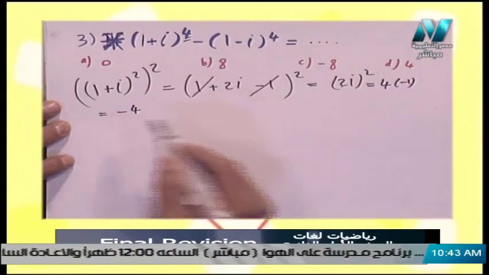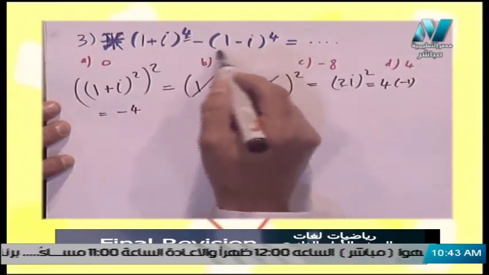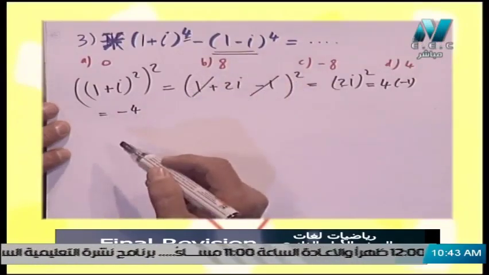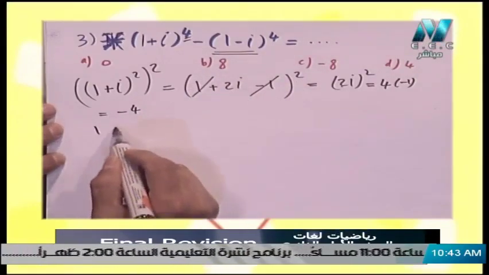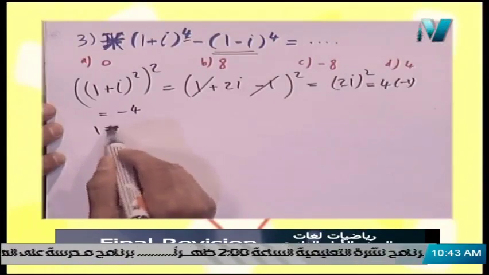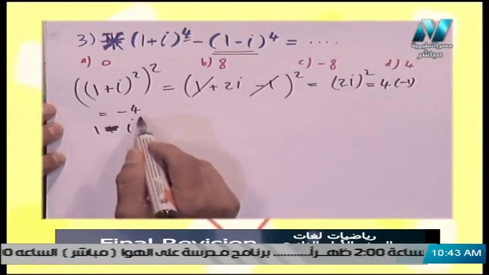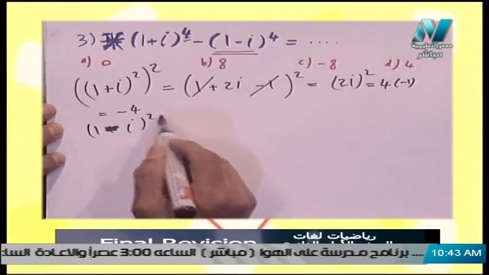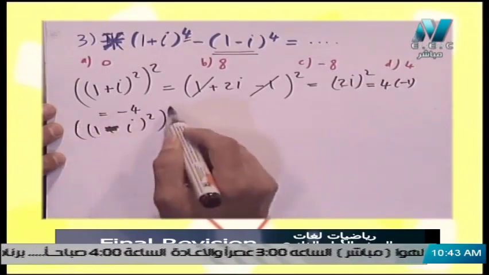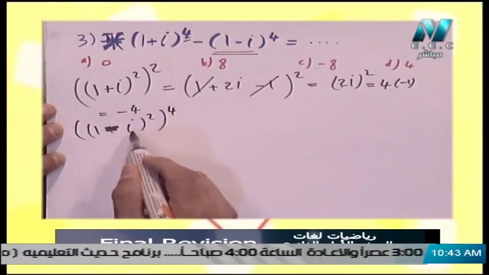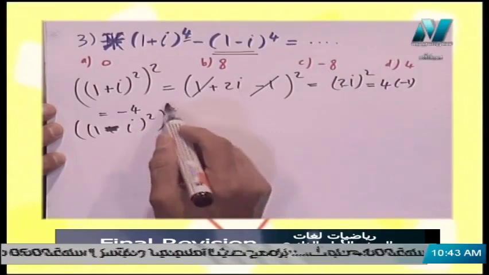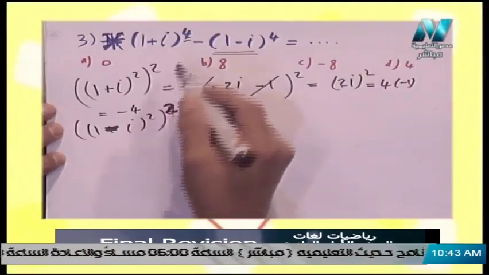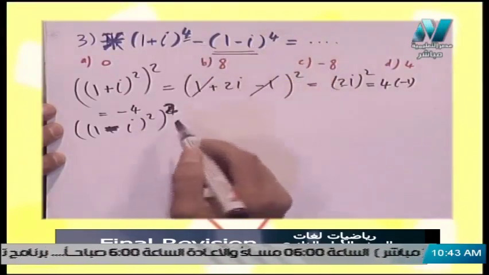Okay, and we will find out this part also: (1 minus i) all power 4. We will make it as before: (1 minus i) all power 2, all power 2 also, to be power 4 as this one.